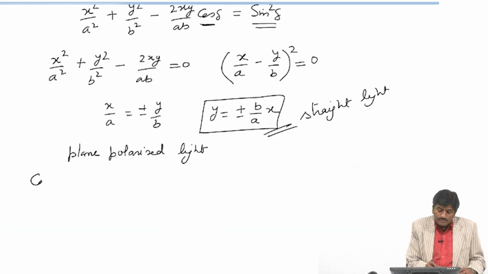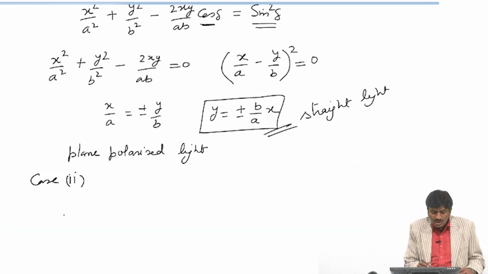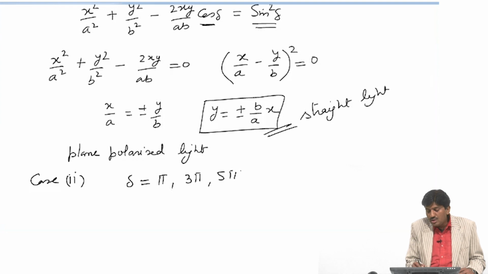Now, we will discuss case second. Case second means the thickness of the plate is such that the phase difference between E ray and O ray is pi, 3 pi, 5 pi, or we can say twice n plus 1 pi.